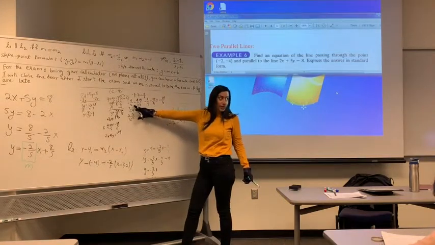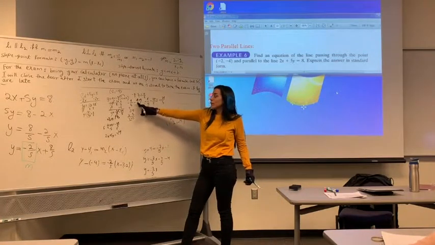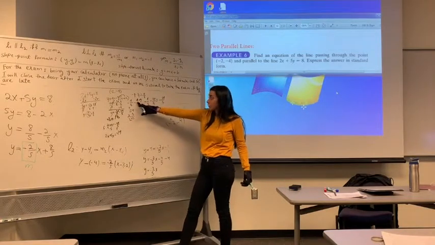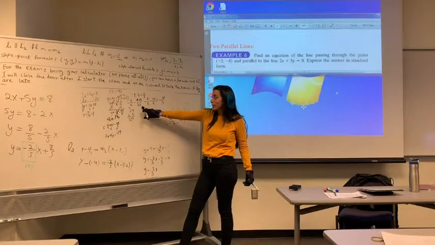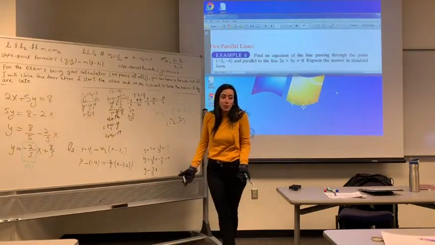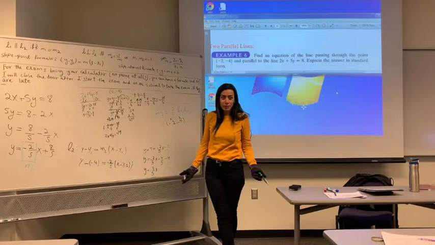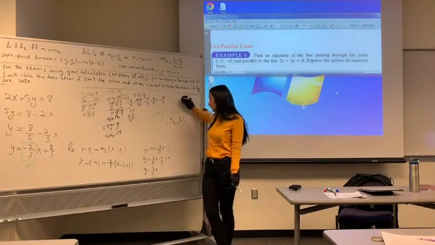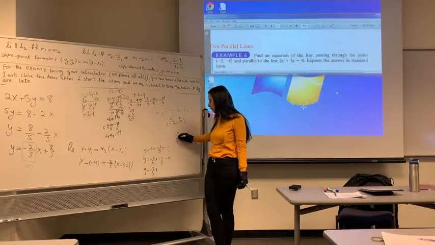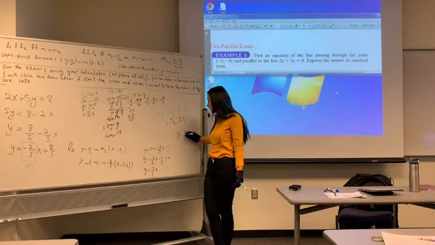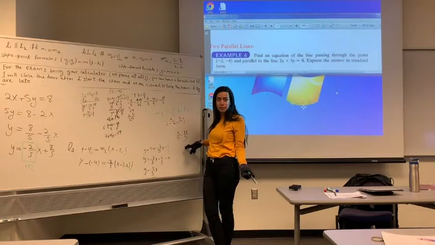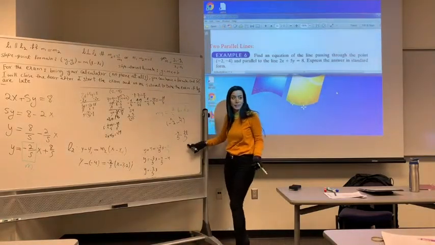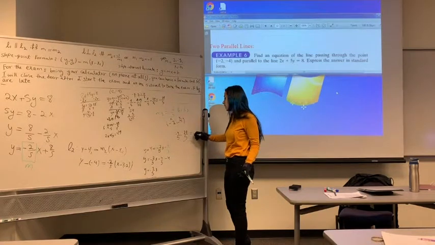Negative 4 over 5 minus 4, and then he said multiply both numerator and denominator by 5. So instead of 4 we could write 20 divided by 5, right? So we will have negative 4 over 5 minus 20 over 5, because 4 is 20 over 5, right? And now the denominators are the same, okay? So we have negative 24 over 5.